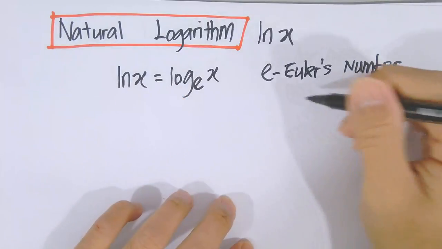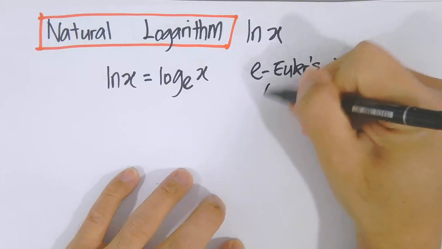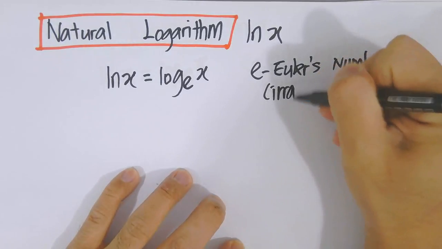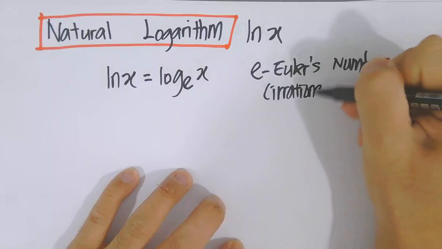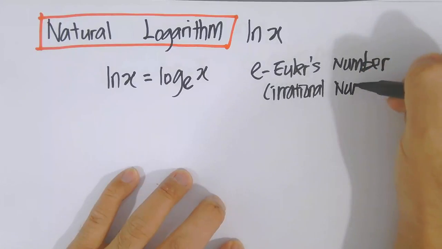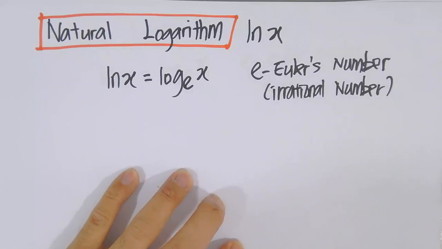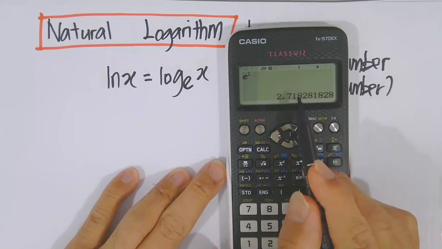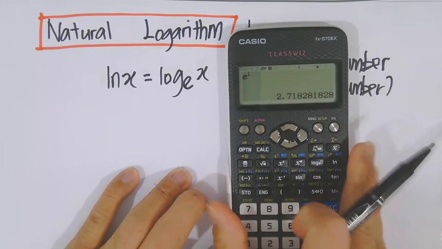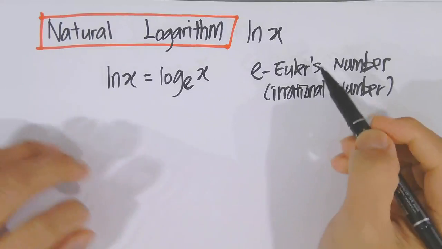One more piece of information is that the Euler number is an irrational number, because it cannot be changed into a fraction. So this type of number is very special.